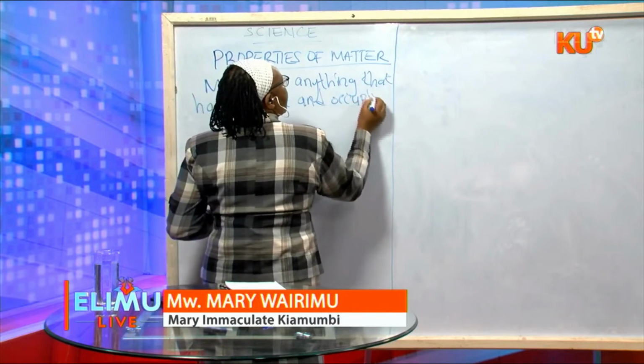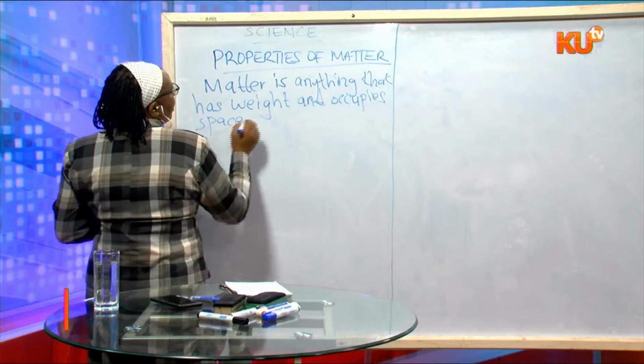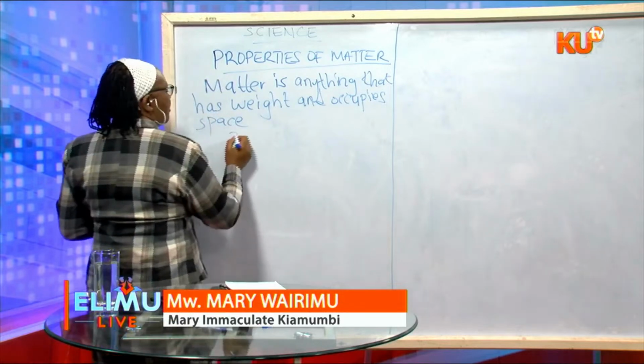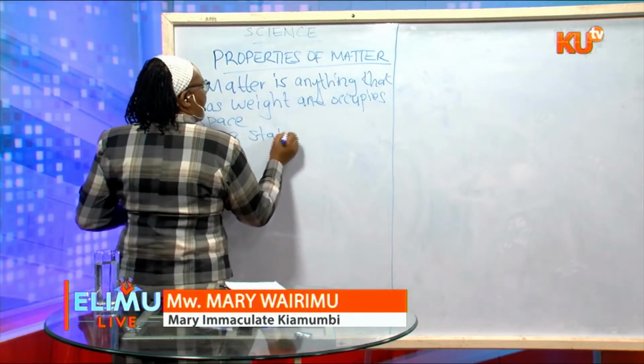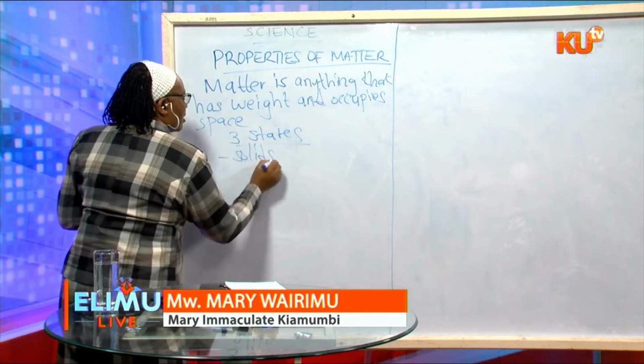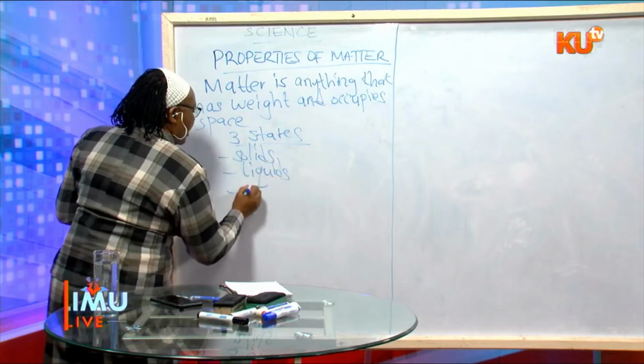Matter is anything that has weight and occupies space. Now we have three states of matter, and the three states of matter are solids, liquids, and gases.